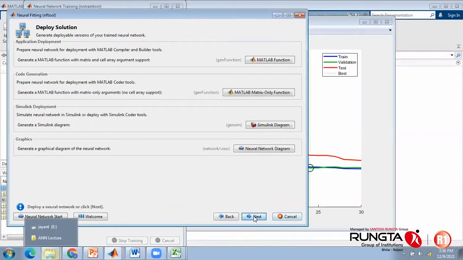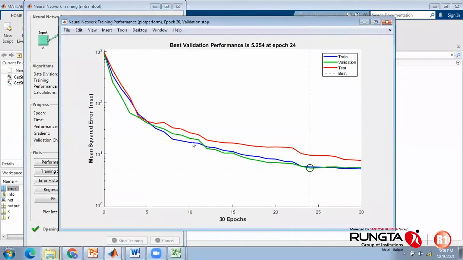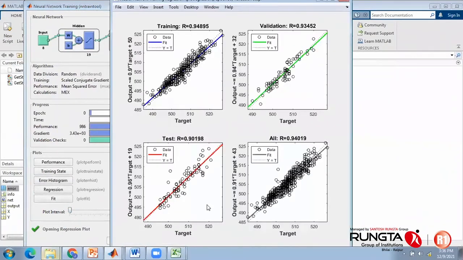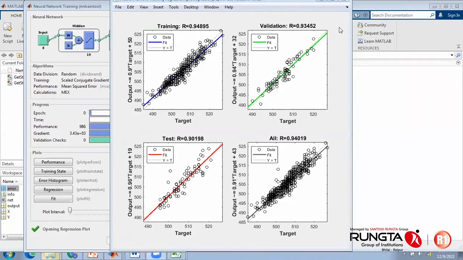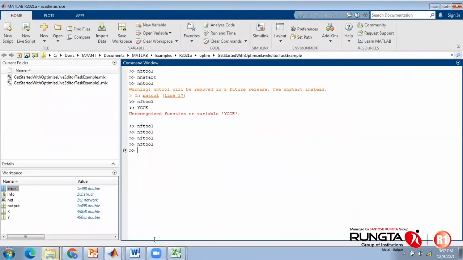Obviously, it cannot be this way. It needs more time. So we go for performance. Here it is 5.254. That means it is not fetching good results. Regression is reduced down to 0.94. That means Levenberg-Marquardt is the algorithm which is providing better results compared to scaled conjugate gradient. Now this is a helpful scenario if you are writing a research paper, because this will help you generate that particular table.